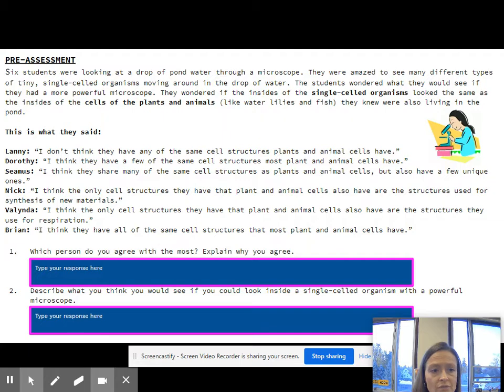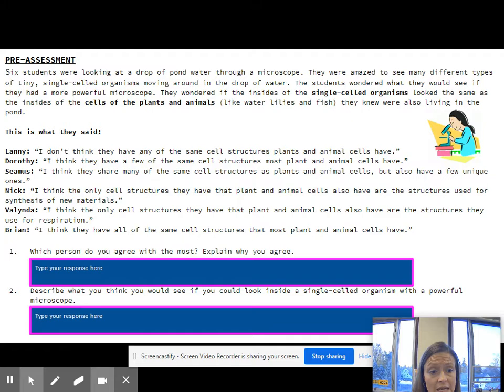Okay, so here's their conversation. Lanny says, I don't think they have any of the same cell structures as plant and animal cells have. Dorothy says, I think they have a few of the same cell structures most plant and animal cells have. Seamus says, I think they share many of the same cell structures as plant and animal cells, but also have a few unique ones.